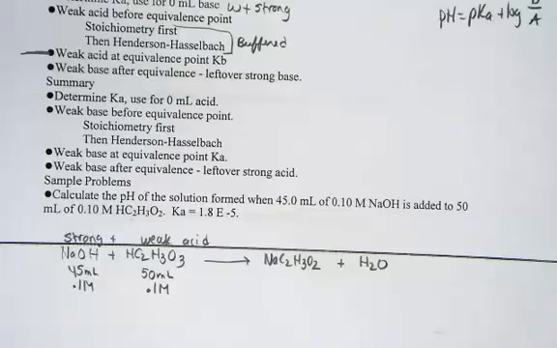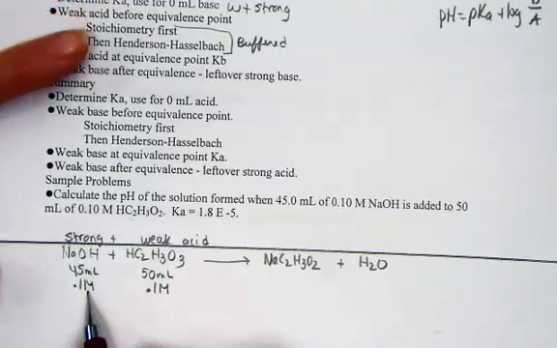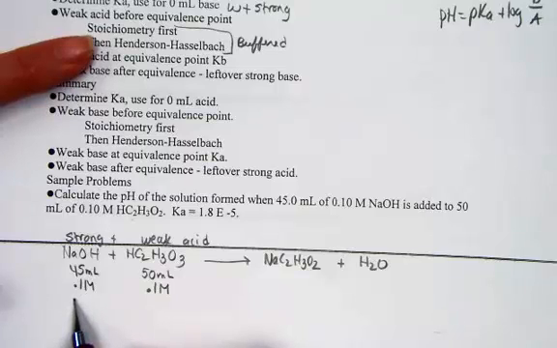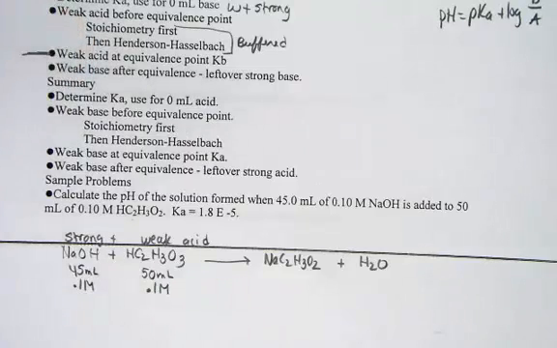Well, let's first figure out how many moles of base and how many moles of acid, so we can determine, do we have a limiting reagent or is it perfect straight on? 45 mLs times 0.1 molar can get us something called millimoles, but I like to just use molarity times liter to pull out the number of moles.